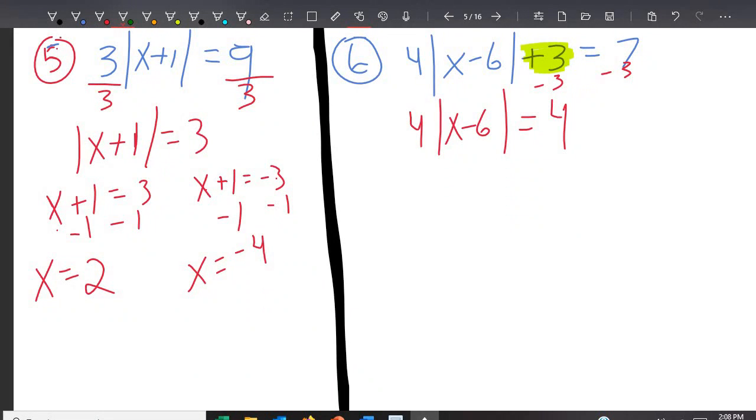We've got to get rid of the 4, so we divide both sides by 4. We're going to get the absolute value of x minus 6 is equal to 1. Then we set the x minus 6 equal to positive 1. x minus 6 equal to negative 1.